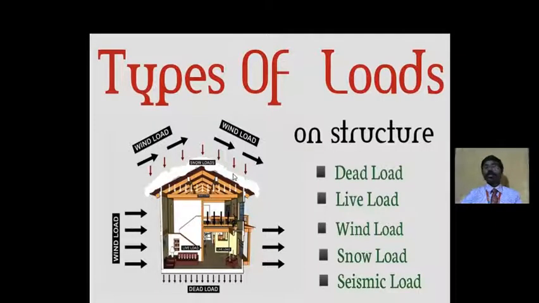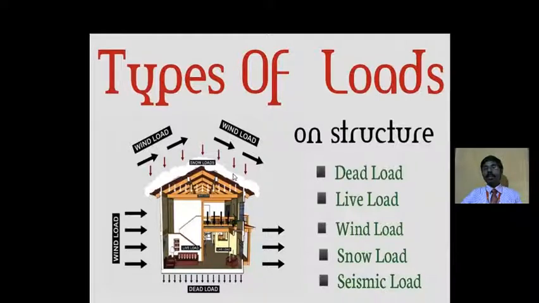The next topic is types of loads acting on the structure. These are the 5 important loads that we have to consider while designing any of the structures. The first one is the dead load, then live load, wind load, snow load and seismic load. The first one is dead load.